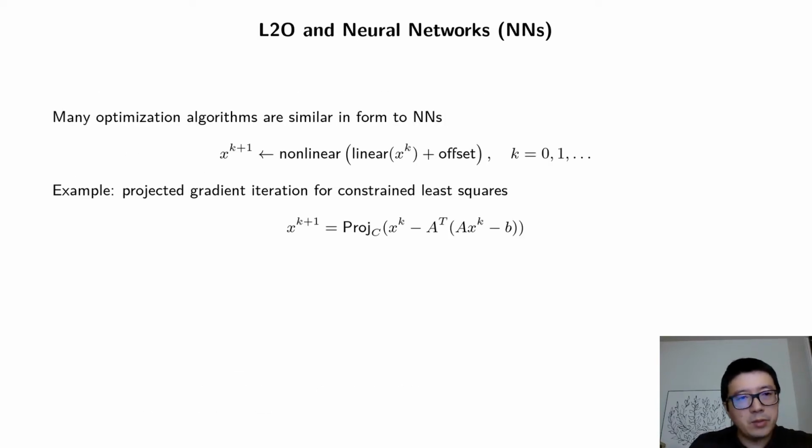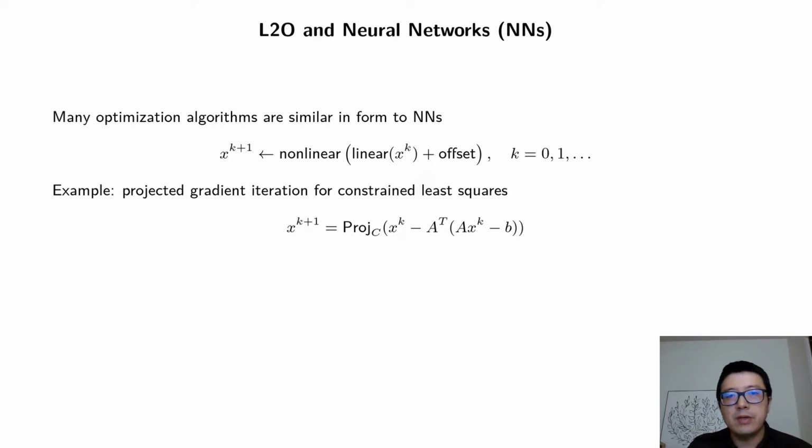Learning to optimize is based on the observation that many optimization algorithms are similar in form to neural networks. Consider this neural network where x_k is the output of the previous layer, and some matrix or linear operator is applied to the input from the previous layer plus an offset, and then goes through some nonlinear operator. This is a typical layer of a neural network.